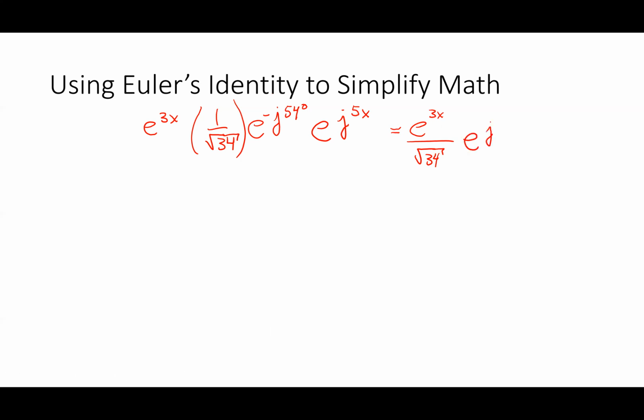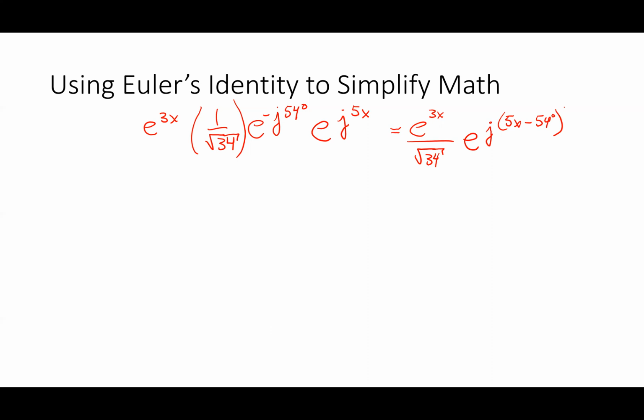Becomes e to the j, 5x minus 54 degrees. So you get the j terms together. I'm always looking to get the stuff with the j's together, that's going to become a trig function.